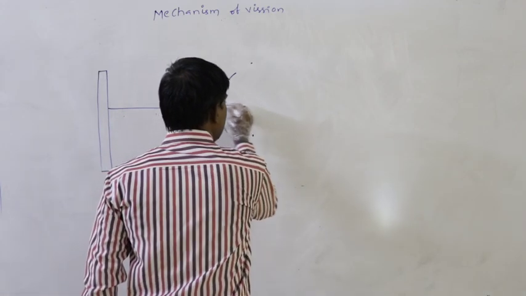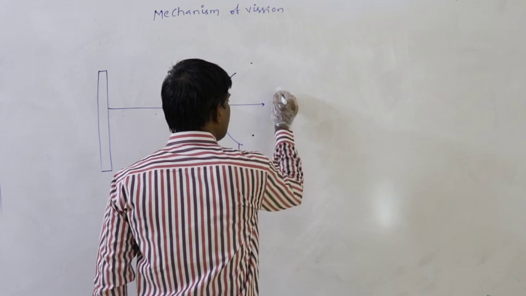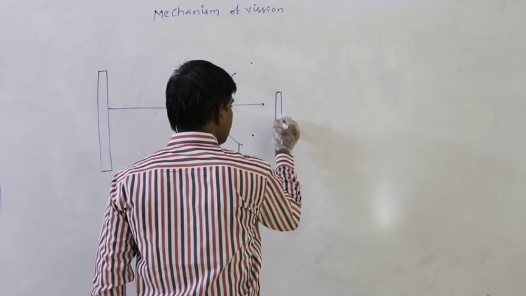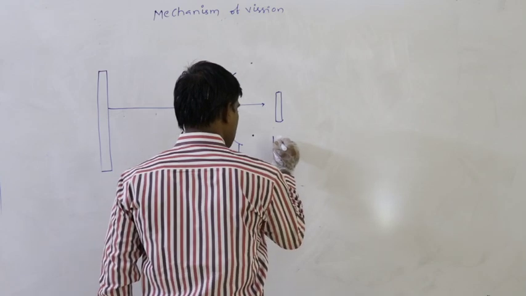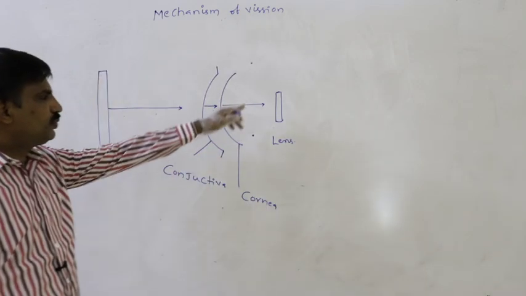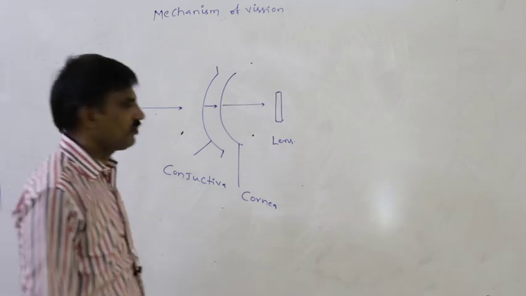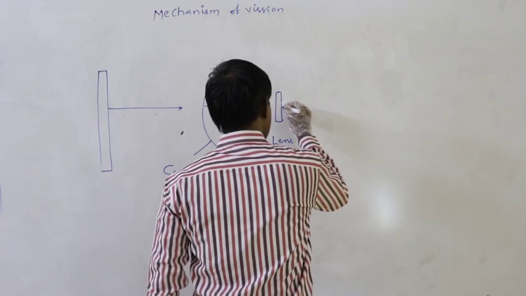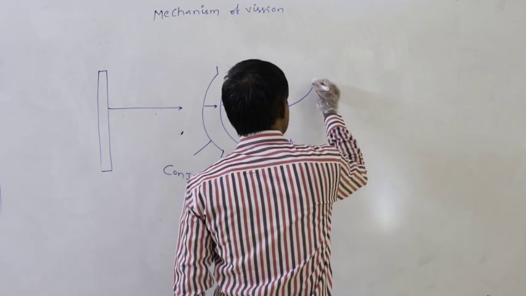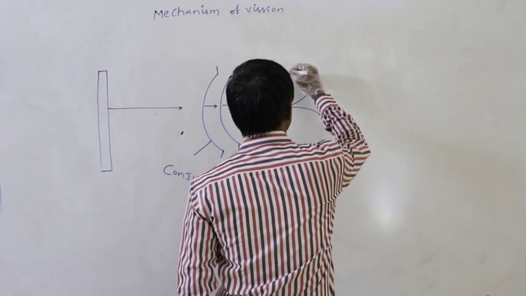Later from the cornea, through the pupil, light reaches the lens. This is nothing but the lens here. Again from the lens this light is reflected onto both sides of the retina.